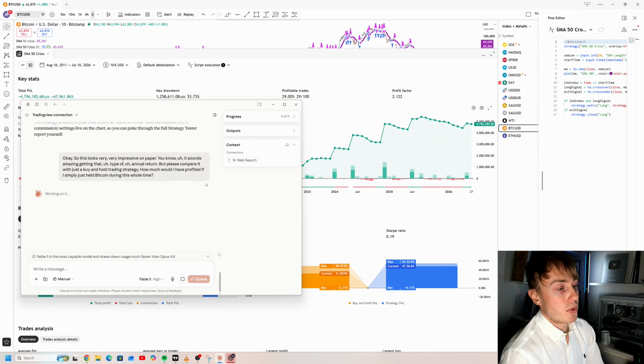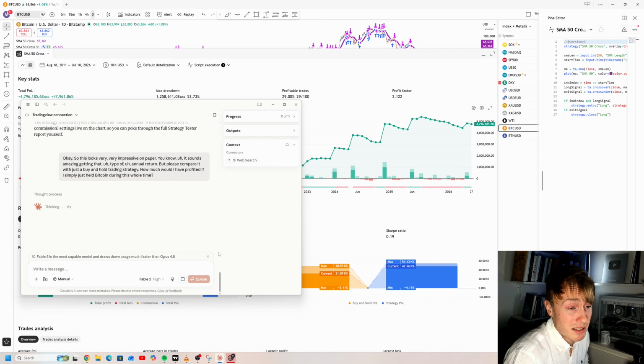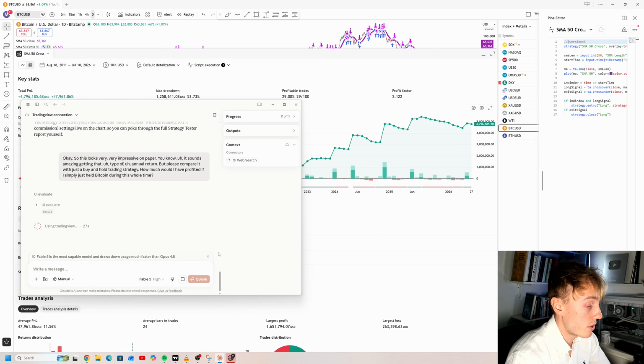Because this is super relevant. Maybe if just holding Bitcoin was better than this trading strategy, then it wouldn't actually make a lot of sense. If you can just buy and hold the asset, then all of this fancy backtesting and buying and selling would maybe just have made it worse. So let's see if Claude can compare this trading strategy to just a buy and hold trading strategy.